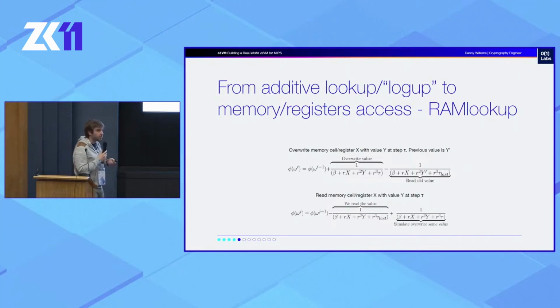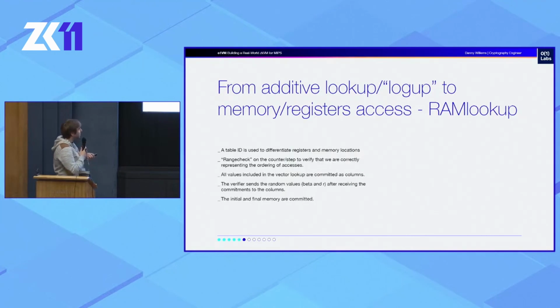Beta is the evaluation point from the lookup. We also have to do a range check on the instruction counter to be sure that we do not read a value before we write into the memory.